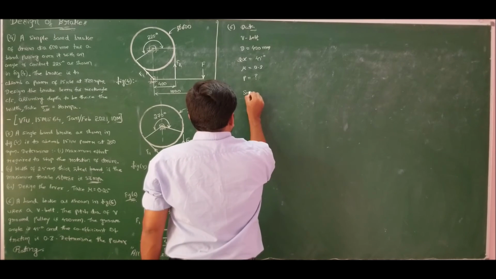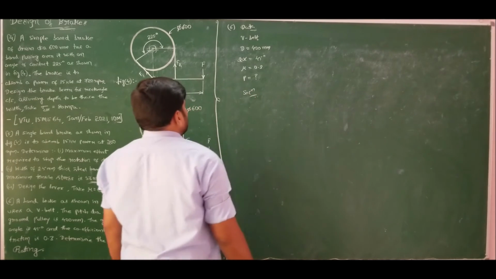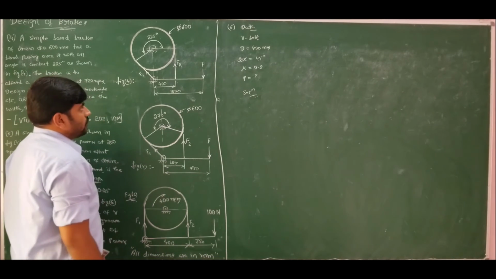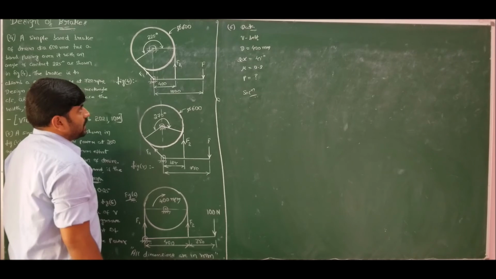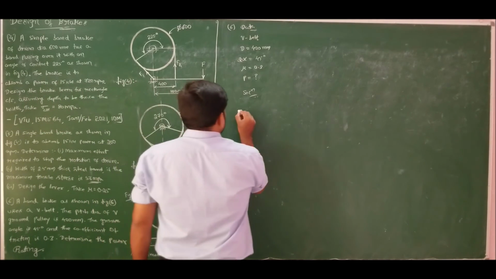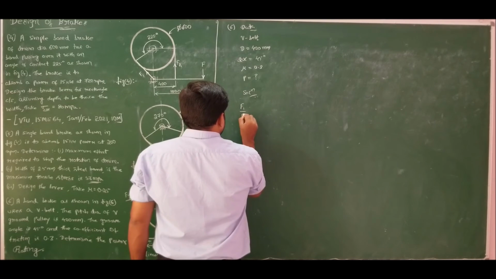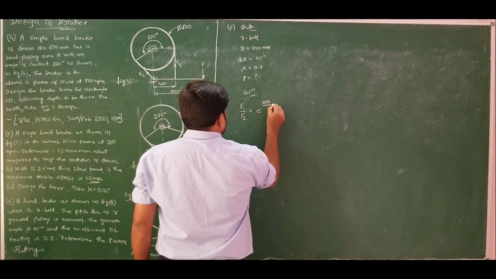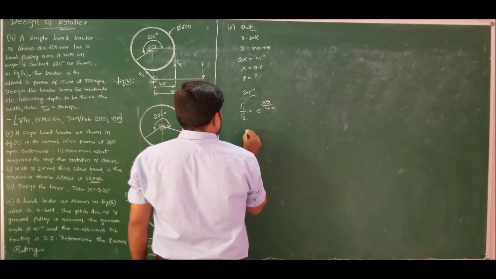So if I move to the solution, I want to determine the torque. Torque can be calculated for V belts by knowing the value of tensions, that is F1 and F2. So we know that for V belts, tensions T1 by T2, here it is F1 by F2, is equal to e to the power of mu theta by sin alpha.